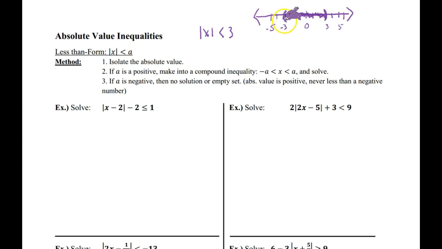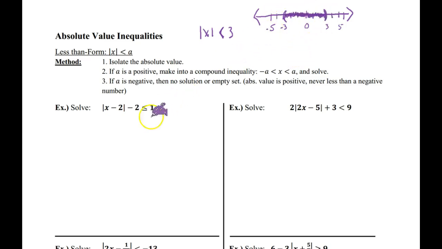We can see that this ends up being a conjunction, or a closed interval, and we're going to use that to solve. Anytime I have a less than, the distances are going to be closed together in this finite space.